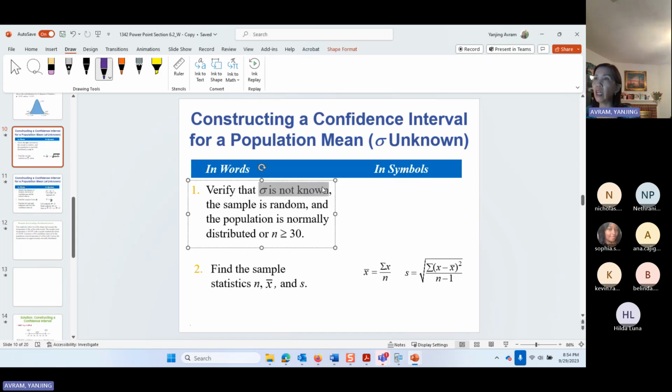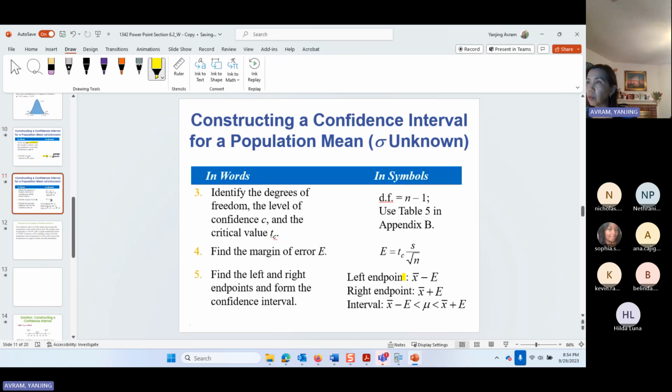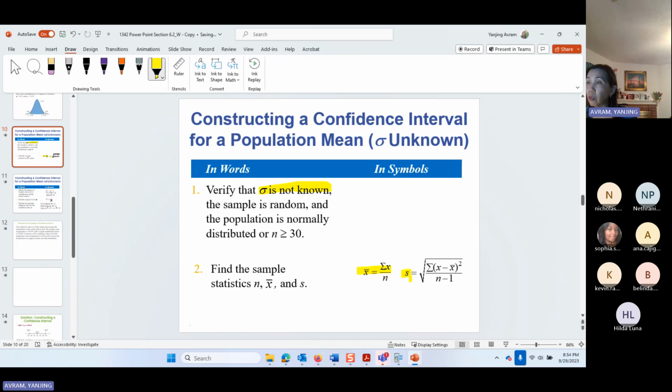If sigma is unknown, we're going to use the T interval. So we find the x bar and the sample standard deviation. You can find both the sample standard deviation and the sample mean directly from the calculator.